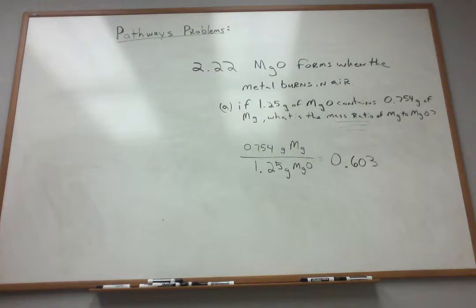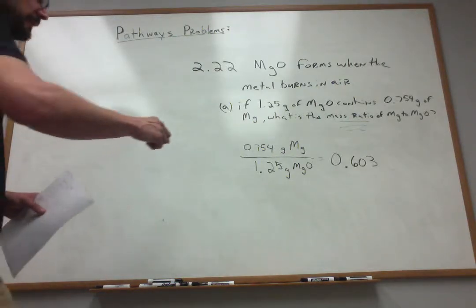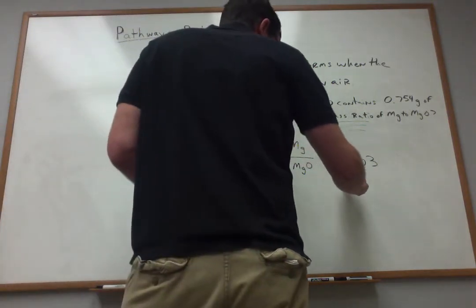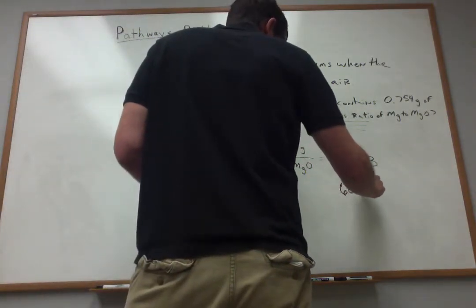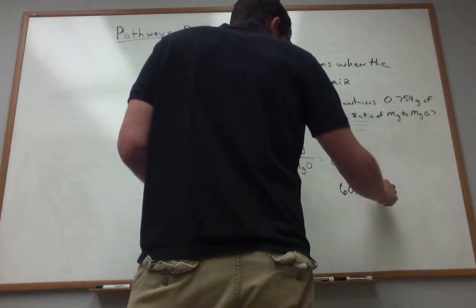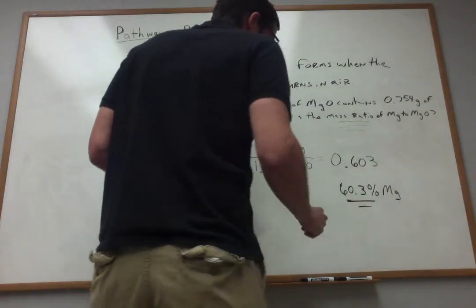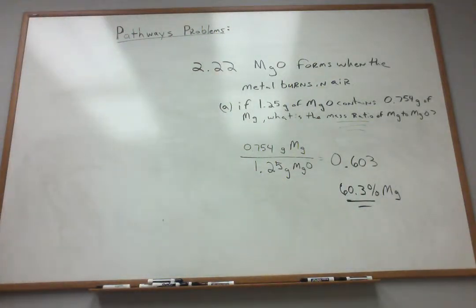Now, if I wanted to convert that to a percent, a mass percent, I do the same calculation and multiply that answer by 100. So hopefully you can see that you just move the decimal place 2 spots. As a consequence, I'd say that this compound is 60.3% magnesium.